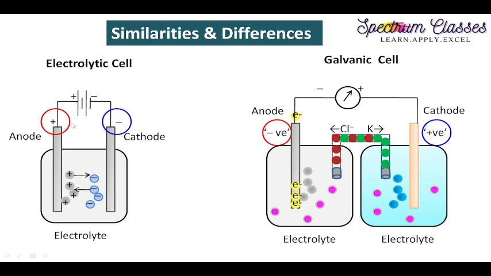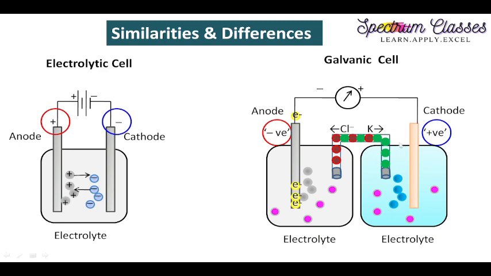The most important distinction is this: in the electrolytic cell the electrodes are connected to an external battery or electricity source, with the positive terminal connected to the anode and the negative terminal connected to the cathode. So in an electrolytic cell, the anode is positive and the cathode is negative, but in the galvanic cell this is connected through the ammeter, and this is the negative terminal and this is the positive terminal.